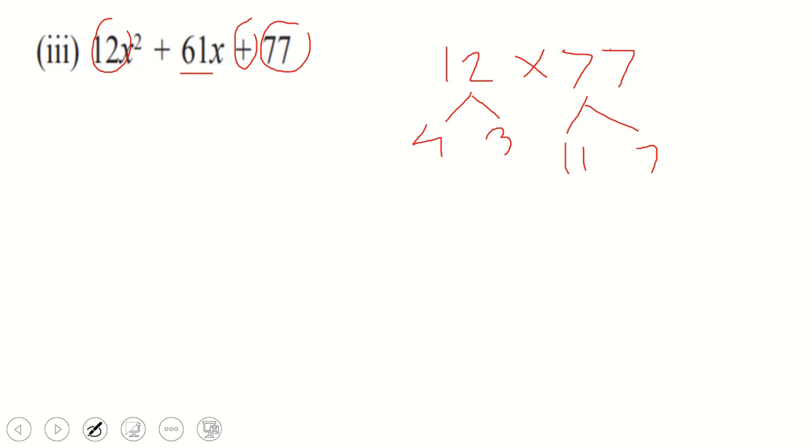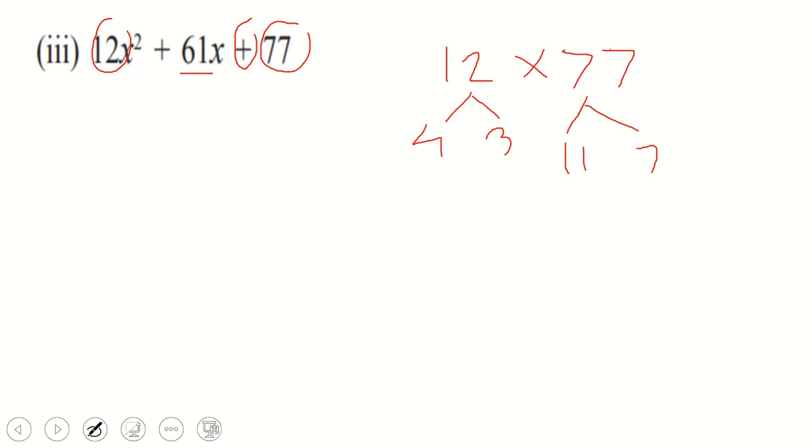For example, if I take 4 into 11, that is 44, and the remaining two are 3 into 7, that is 21. So 44 plus 21, I am not going to get 61. So this combination will not help me.